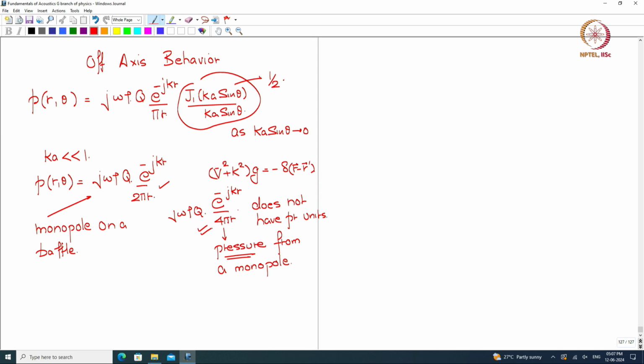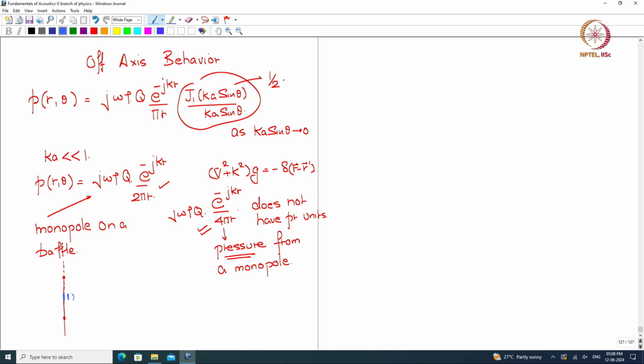So what essentially happens is that you have a baffle and you have a source piston of this dimension. Now slowly the ka is reduced so that my piston starts to become smaller and smaller. Now we have a monopole approximation that is sitting on a baffle.